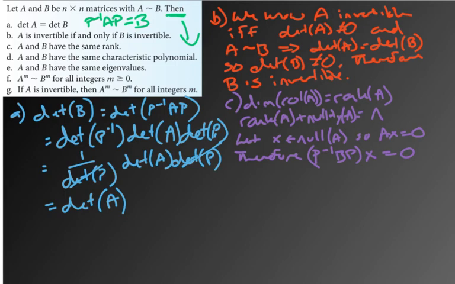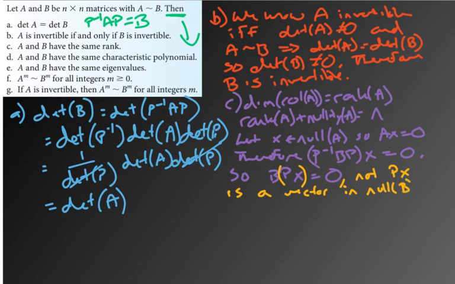And then P inverse exists, right? So if I multiply on the left by P inverse, I would have BPX equals 0. And then note PX is a vector in the null space of B. And so this shows that the null space of A is contained in the null space of B.